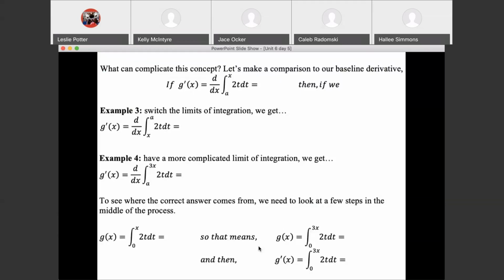Any questions before we look at these situations? Okay. So we can complicate this concept. Let's make the comparison to our baseline derivative. So we know that this is kind of our baseline here, right? If we differentiate this accumulation, we get what?